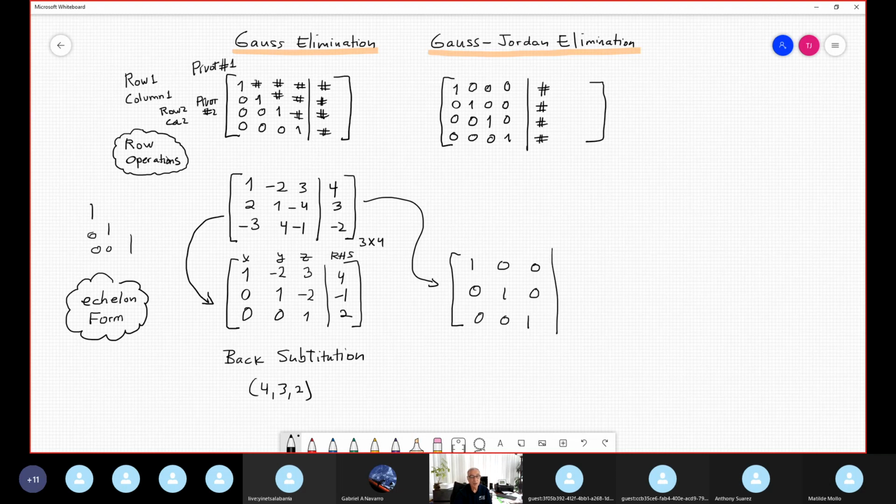Remember, we eliminate not only below the pivots, but below and above the pivot, and we have 4, 3, and 2.